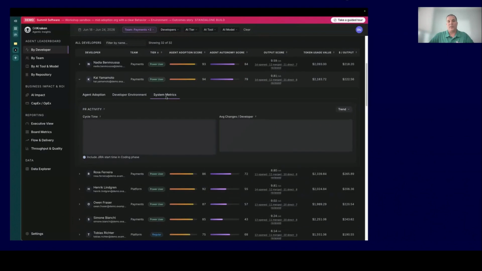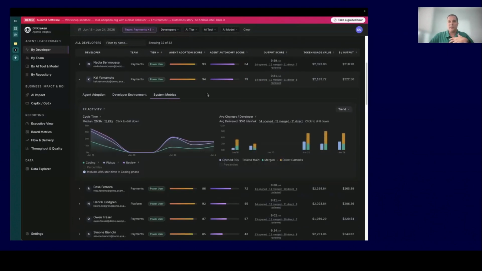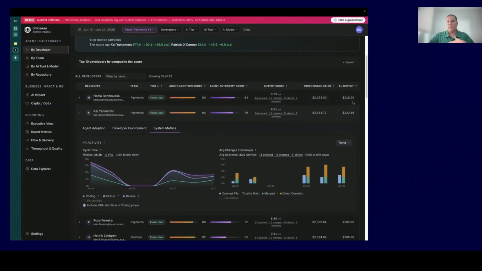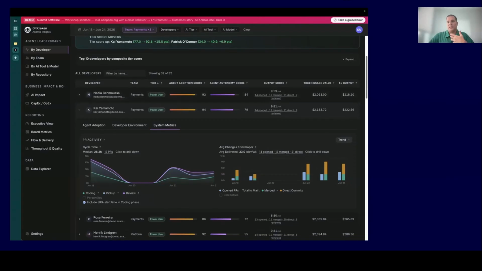And when you want to talk about outcomes and outputs, we can look at one of these power users, right? We have an average of 9.81 or 9.59. These are interesting numbers on their own, but we'll give you the estimated value, like the dollars per output. So it's a sliding scale.